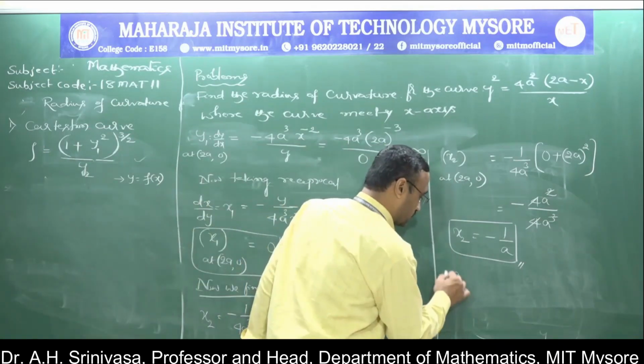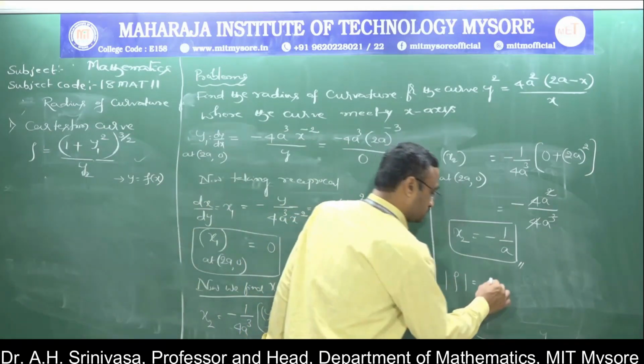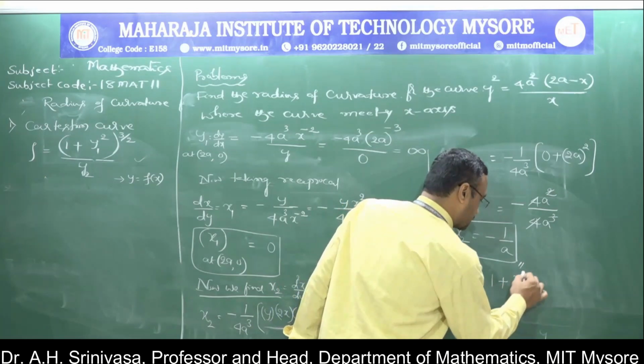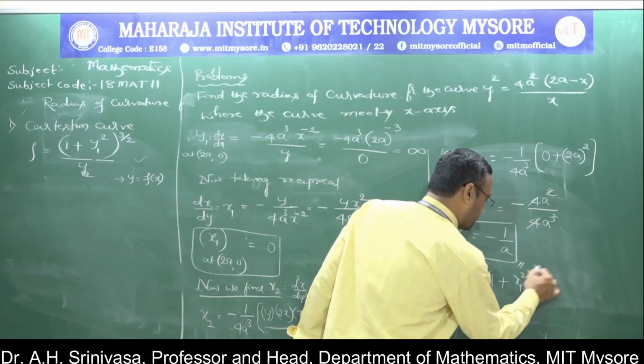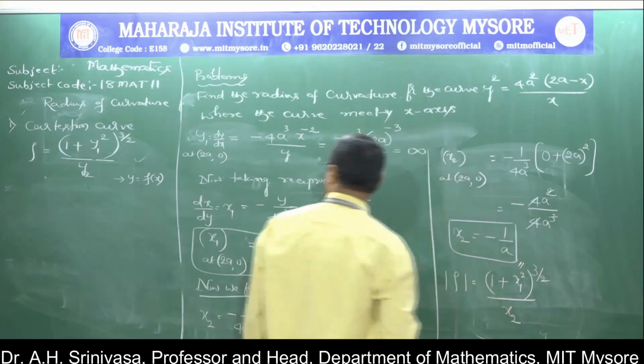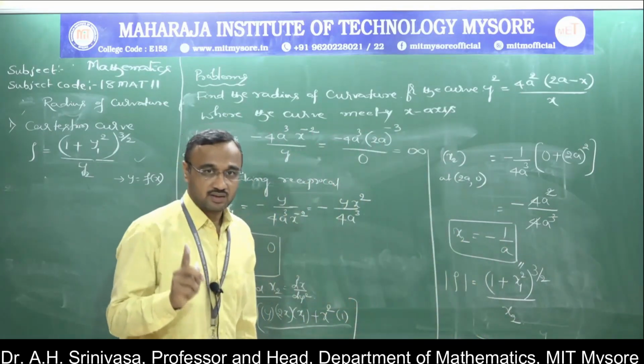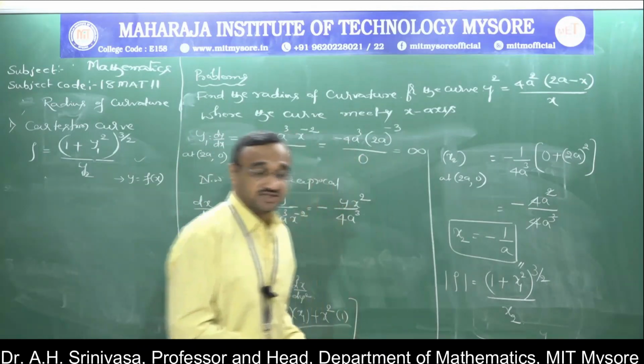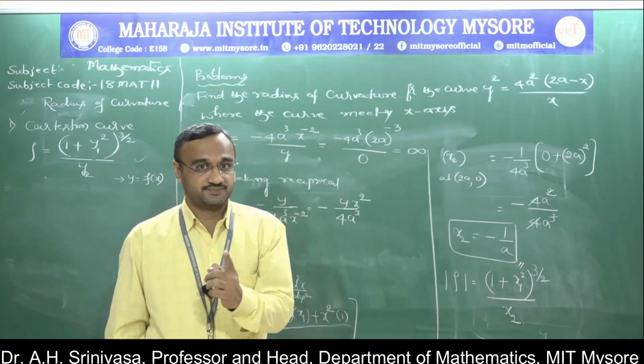It's an absolute value. Rho should be equal to (1 plus x1 square) whole power 3 by 2 divided by x2. You have to remember. Understand why I am changing from y1 to x1.